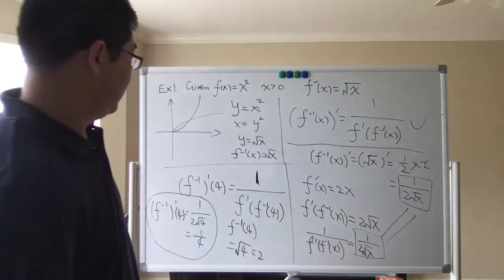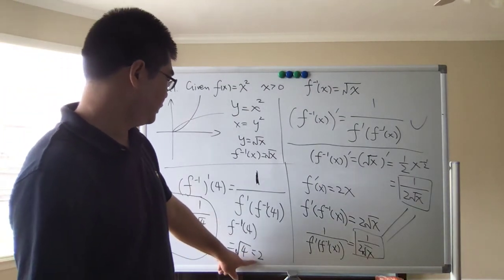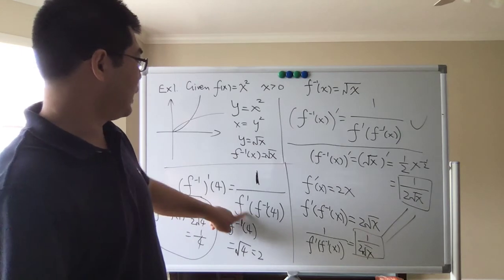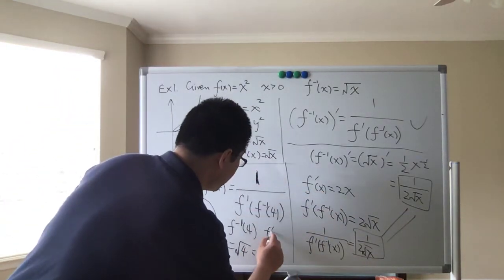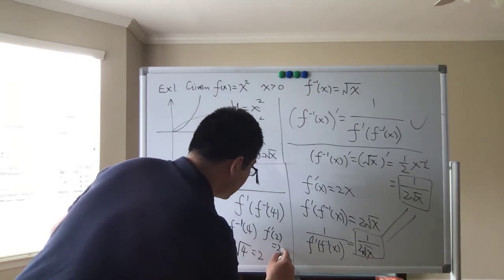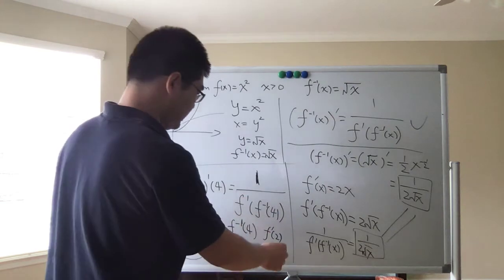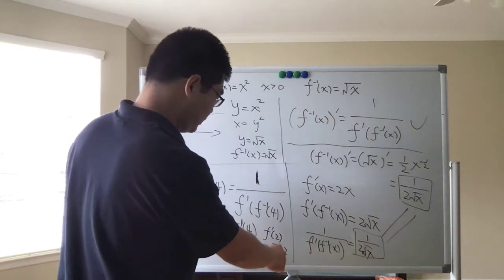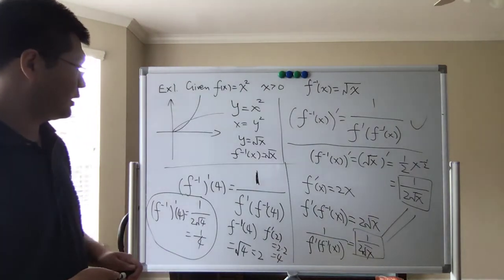So f inverse of 4 equals 2, and f prime of 2 is 2 times 2 equals 4. The reciprocal is also 1 over 4. So the theorem works.